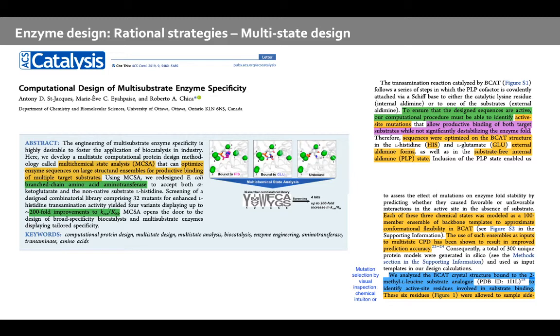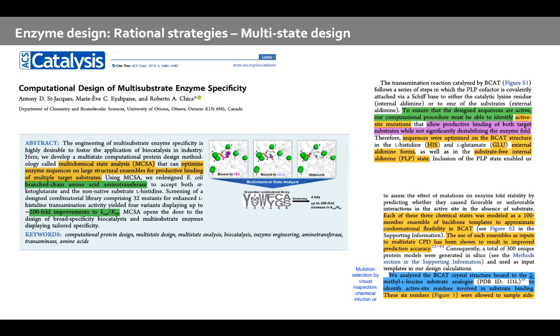In this paper last year, they also show that apart from multi-state design, you can also do multi-chemical state design, let's say. And I like this study because they try to redesign an amino acid aminotransferase, which is a PLP-dependent enzyme that has quite a complicated mechanism.